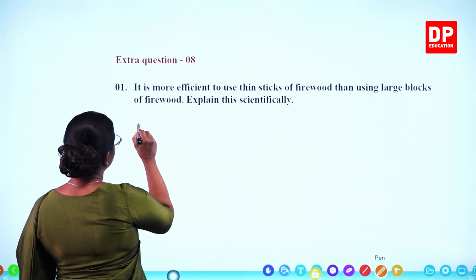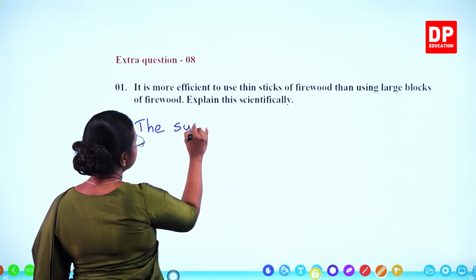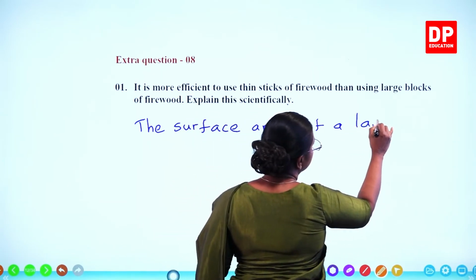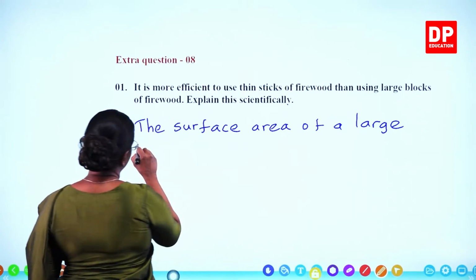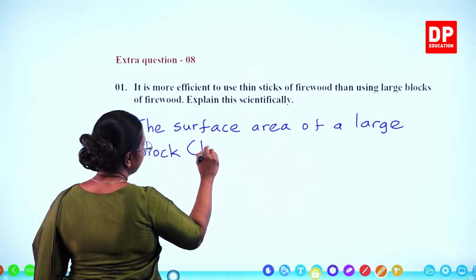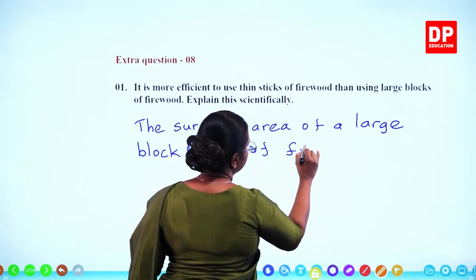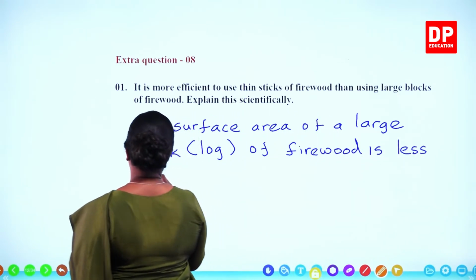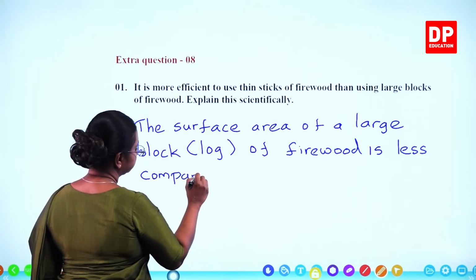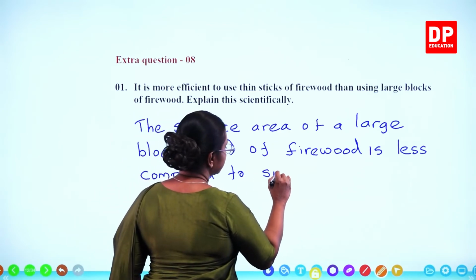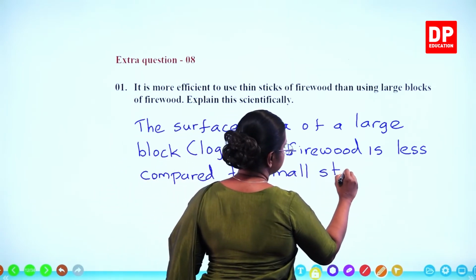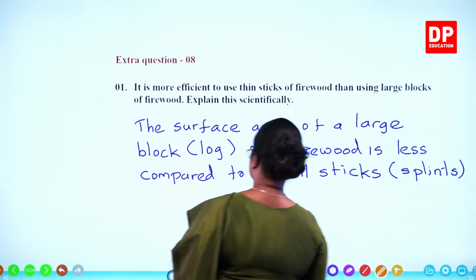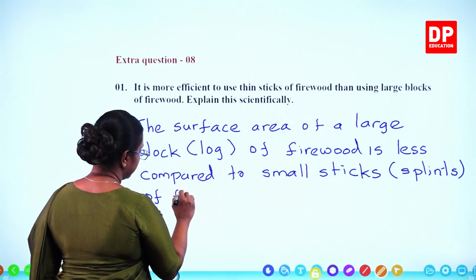So we can say the surface area of a large block, or you can say log of firewood, is less compared to small sticks, or you can say splints of firewood.